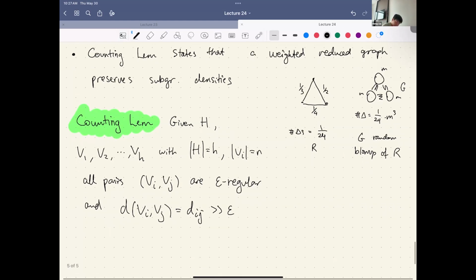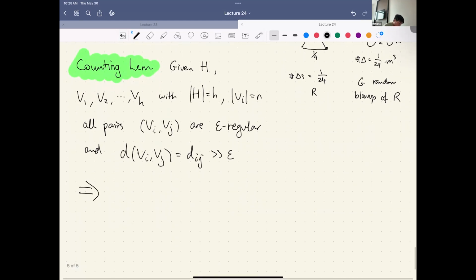Then the conclusion is that the number of canonical copies of H. Canonical means what?